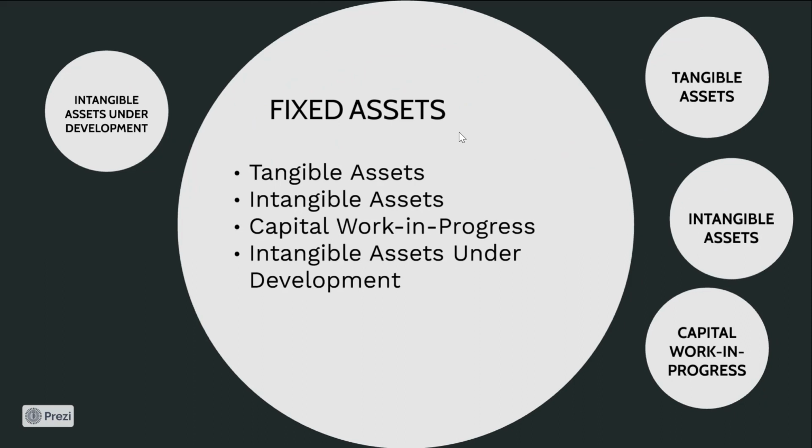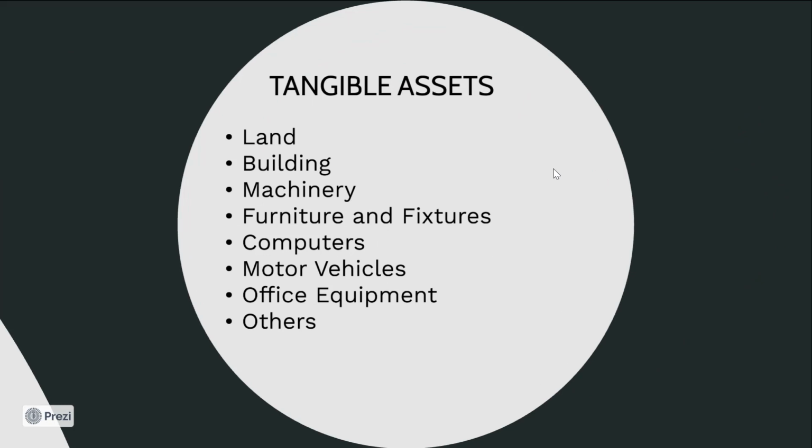Fixed assets is in turn subdivided into tangible assets, intangible assets, capital work in progress, and intangible assets under development. Examples of tangible assets: land, building, machinery, furniture and fixtures, computers, motor vehicles, office equipment, and others.